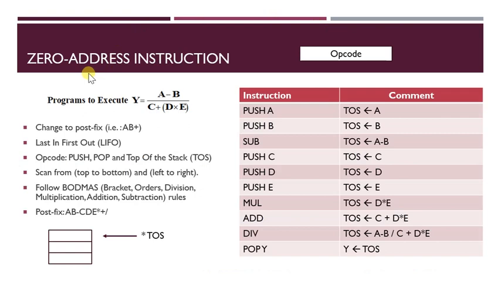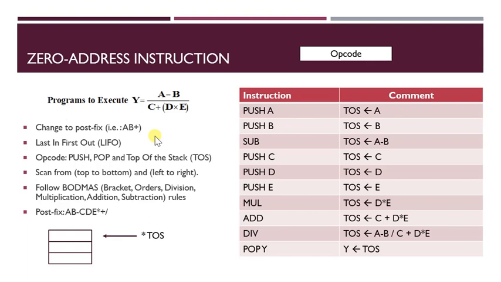We go to the 0 address instruction. This is the instruction format which contains only the opcodes for the programs. This is the example program to be executed. The first rule inside the 0 address instruction is that you need to change the program to postfix notation.